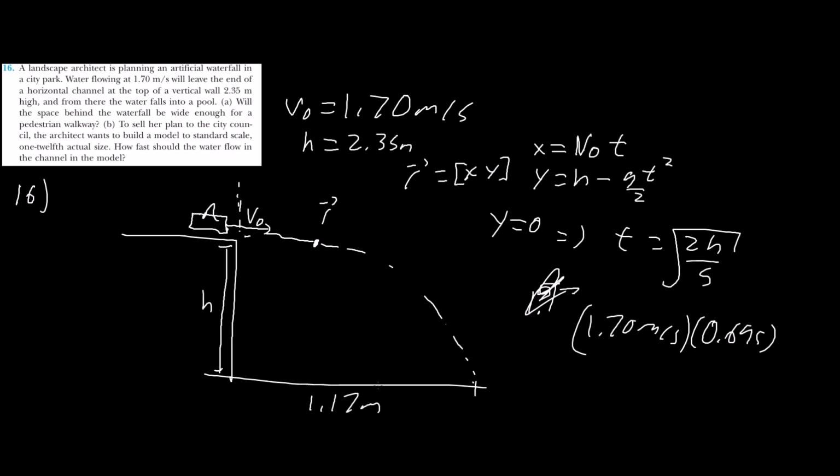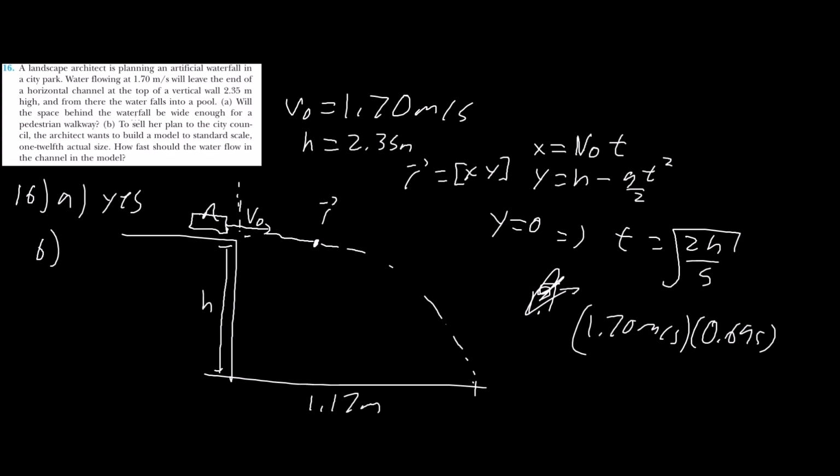That's what I just solved. So will the wall be wide enough? I don't know about you folks, but there's no way we're that fat. So the answer is yes. If there's a person there, it would definitely be past him.